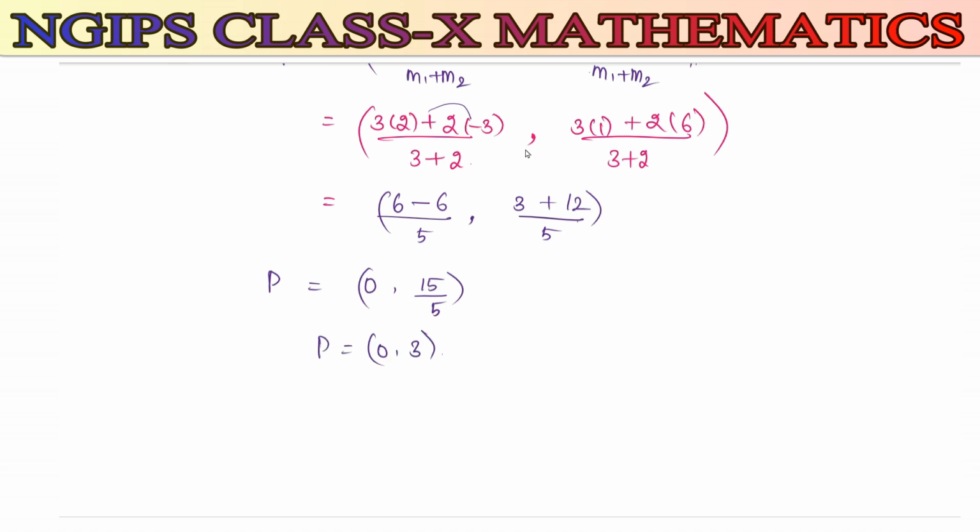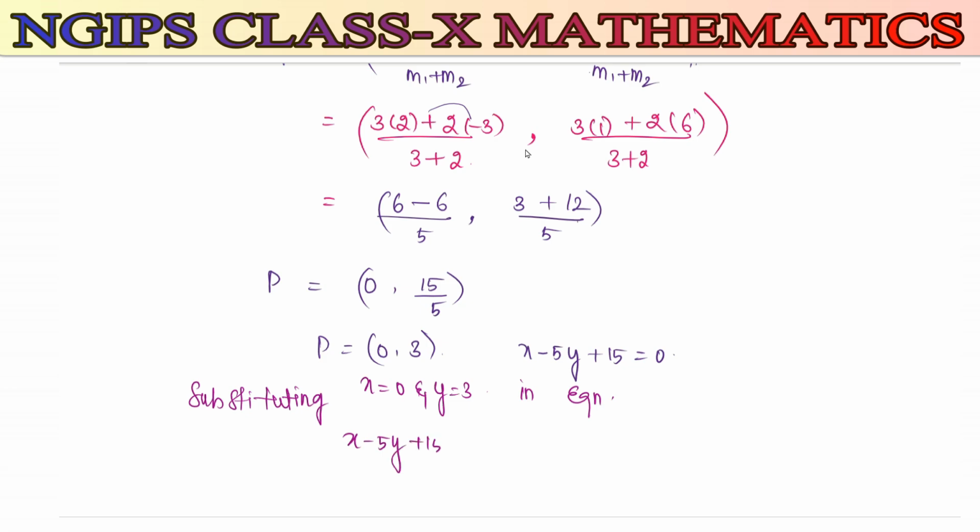Now does this P lie on the equation x minus 5y plus 15 is equal to 0? We need to check. Let me substitute here. I need to consider x is equal to 0, y is equal to 3. Substituting x is equal to 0 and y is equal to 3 in the equation x minus 5y plus 15 is equal to 0.